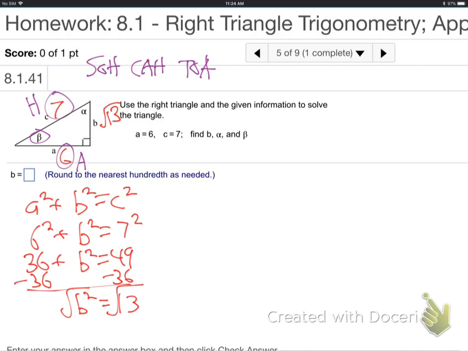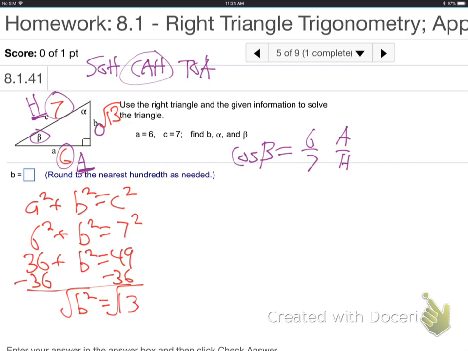It's touching beta. This is the opposite side from beta. It's across from beta. So what trig relationship involves A and H? Cosine. So the cosine of beta is 6 over 7, adjacent over hypotenuse.